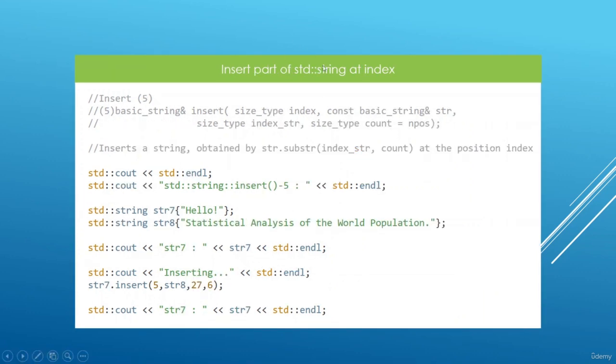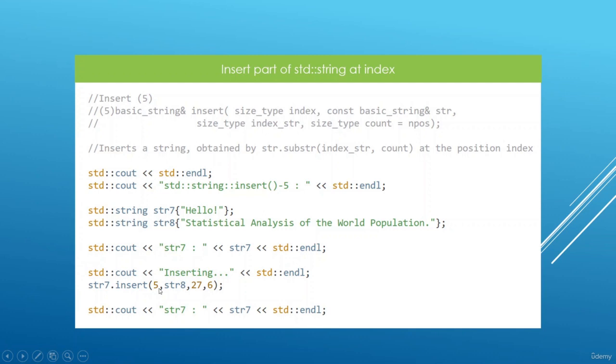We can also insert part of an std string at a given index, and it is basically what you see here. We have str7 and str8, and in str8 we are going to be hunting for the world here. That's what we want to insert into this str7 string here. So what we're going to say is str7, and we're going to insert at index 5.